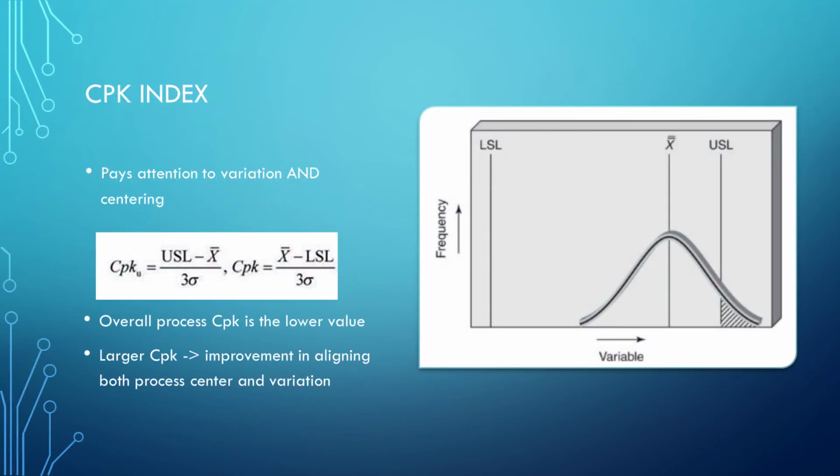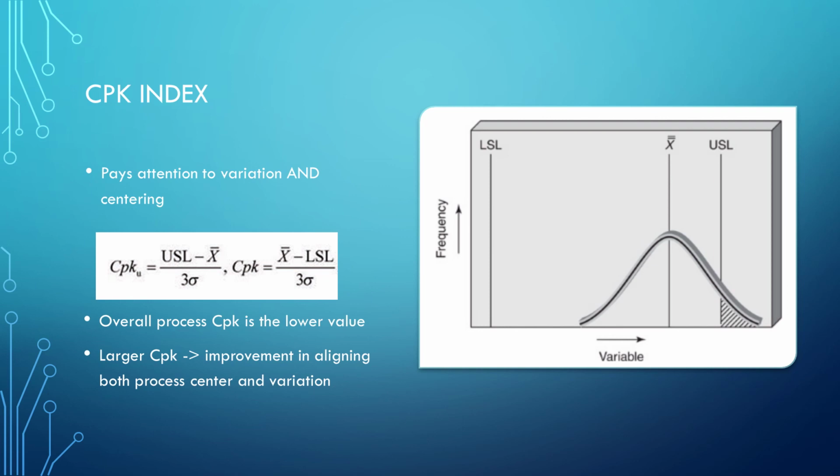Our last measure of process capability is called the Cpk Index. And the good thing about this one is that it pays attention to variation and whether the distribution is centered or not. So we essentially compute one value for each of the specification limits, and that value compares the distance between the specification limit and the sample mean to 3 sigma, which is half the width of the distribution.